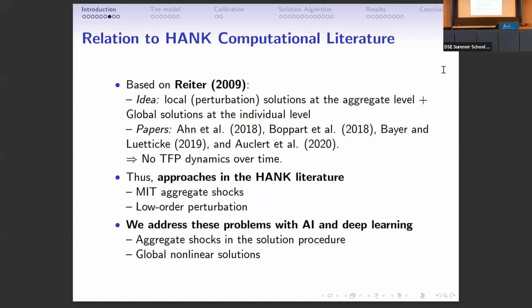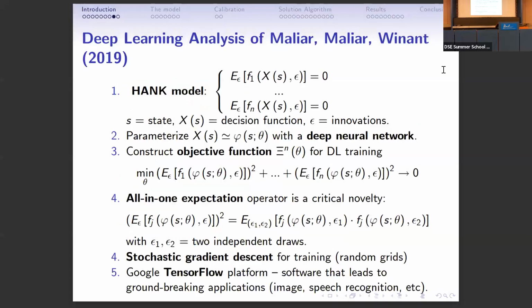And so in this paper, following our previous paper, we address these problems with AI and deep learning, so that we are able to add aggregate shocks into the solution procedure and solve globally and not using perturbation.